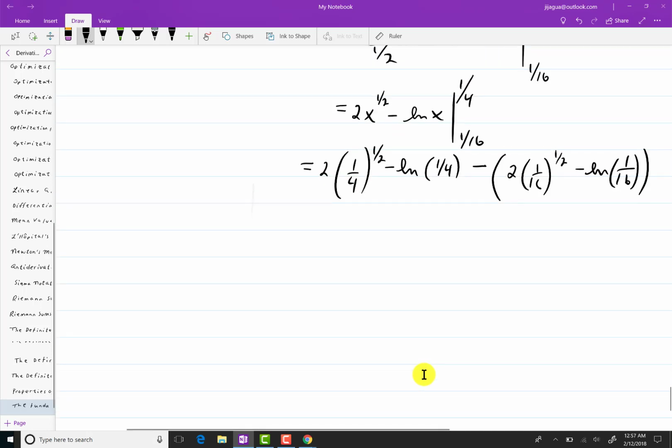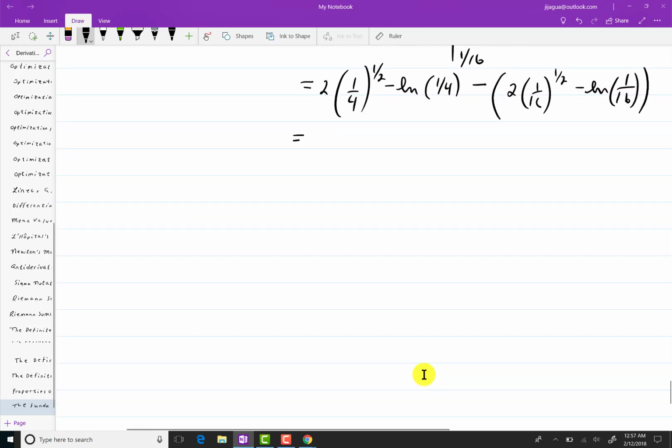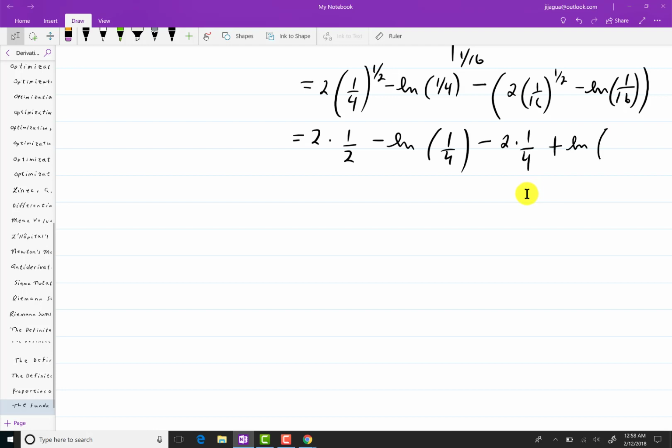So this equals 2 times 1/2. 1/4 to the 1/2 is 1/2 minus ln 1/4 minus, then we have 1/16 to the 1/2 is 1/4, 2 times 1/4 plus ln of 1/16.